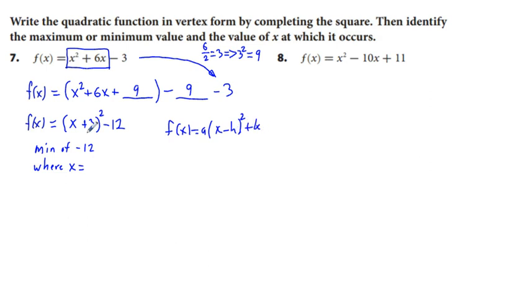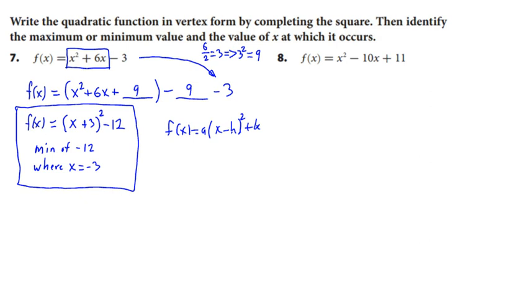So we have +3, and so h has to be -3. So there will be our vertex form and our minimum and where that minimum occurs.